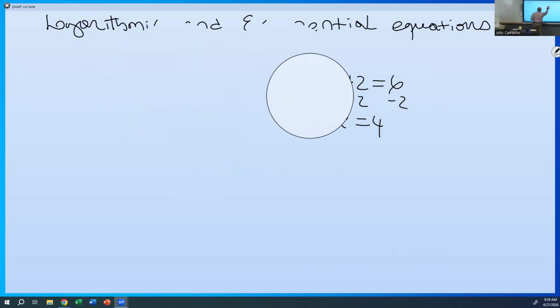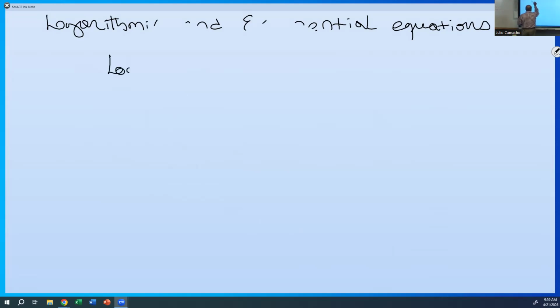Let's go to our fifth example that you will see in your assignment. Now we have a log, and that is a different one. There is no equal sign in between. You have log of x plus log of x plus 21, and that is equal to 2.